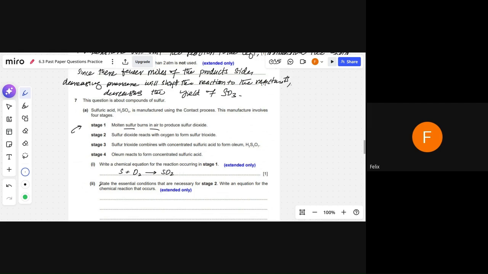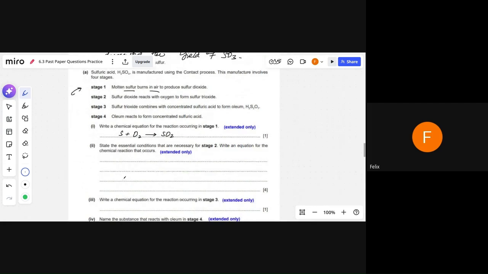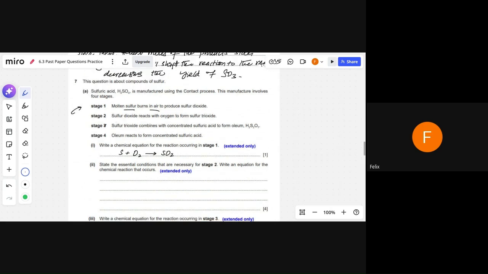That's it. So state the essential conditions that are necessary for stage 2 and write an equation for the chemical reaction that occurs. So this is stage 2. Sulfur dioxide reacts with oxygen. So let's write the equation first. SO2 plus O2, and that's going to make SO3.